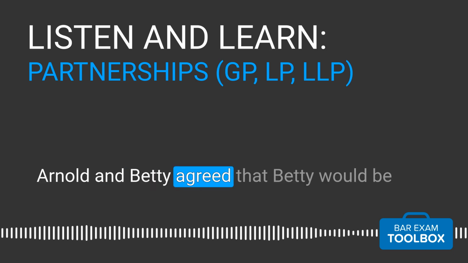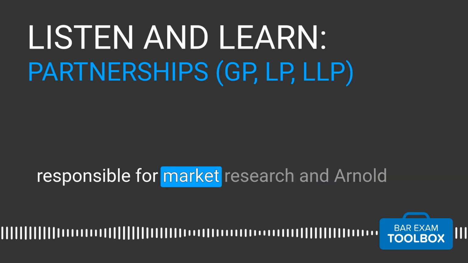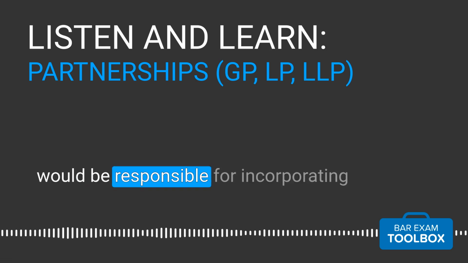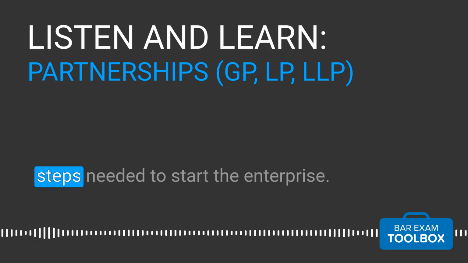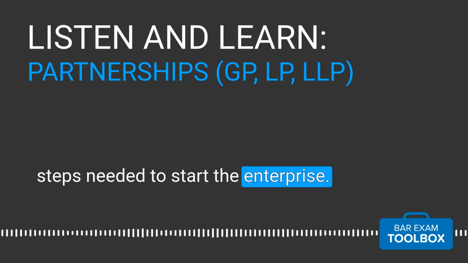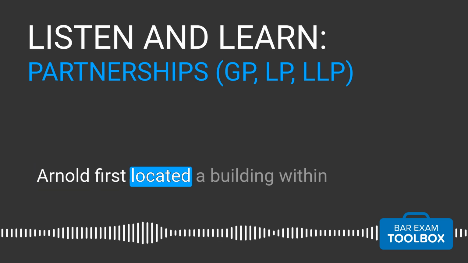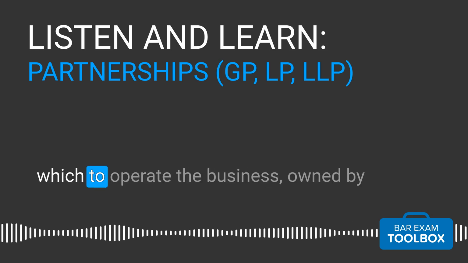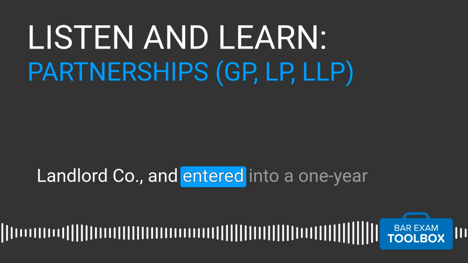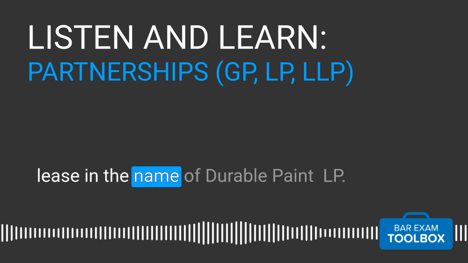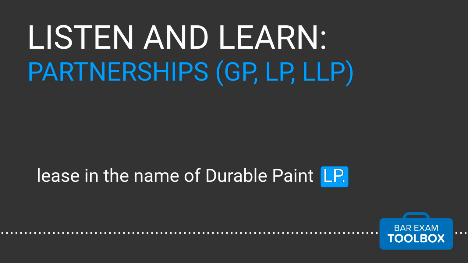Arnold and Betty agreed that Betty would be responsible for market research and Arnold would be responsible for incorporating the business and taking care of any other steps needed to start the enterprise. Arnold first located a building within which to operate the business, owned by Landlord Co., and entered into a 1-year lease in the name of Durable Paint LP.